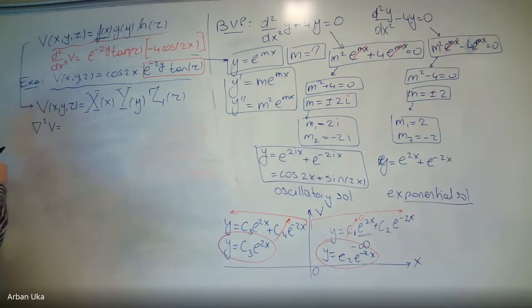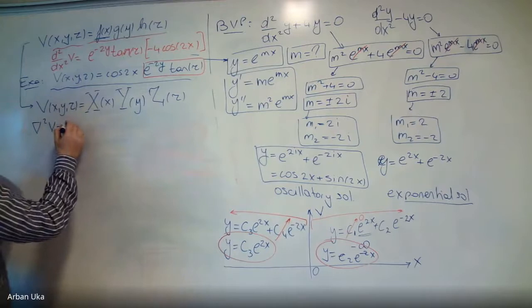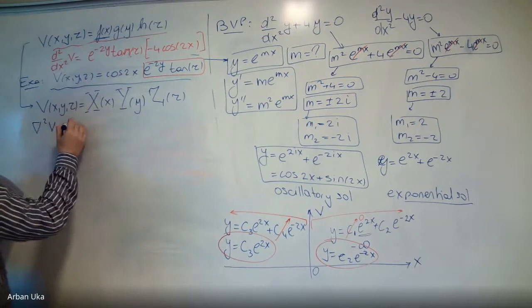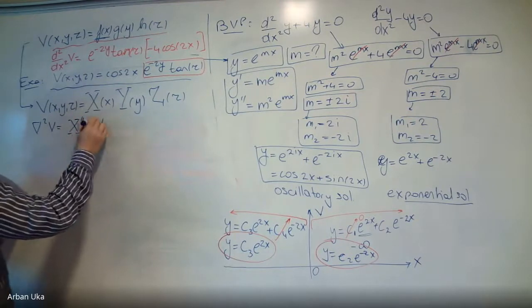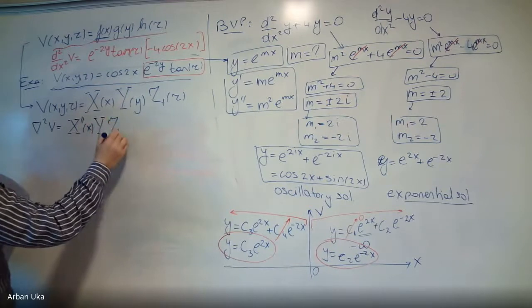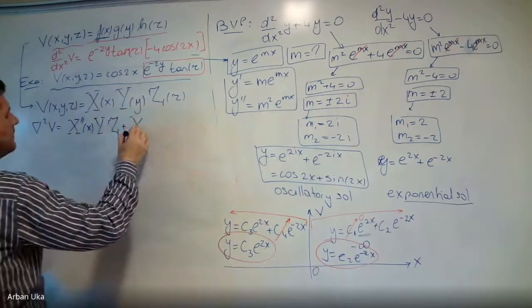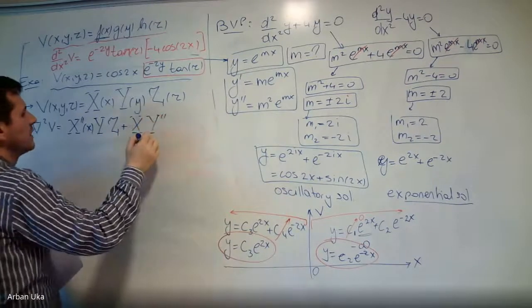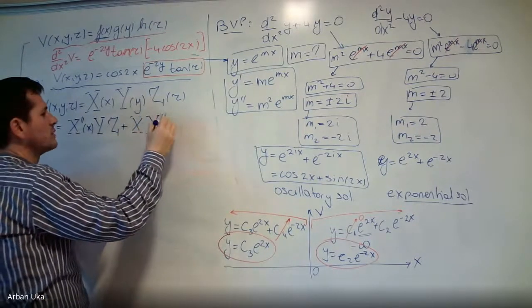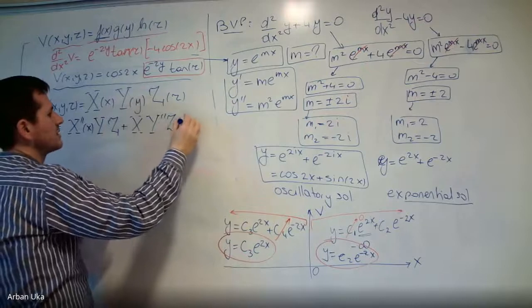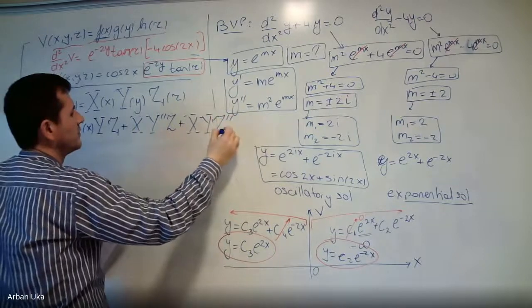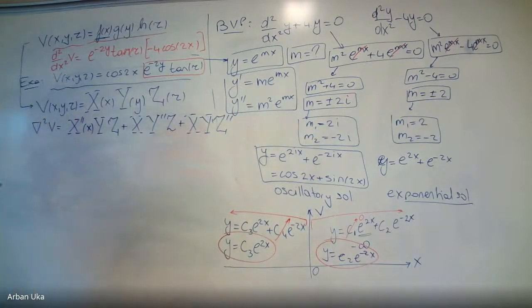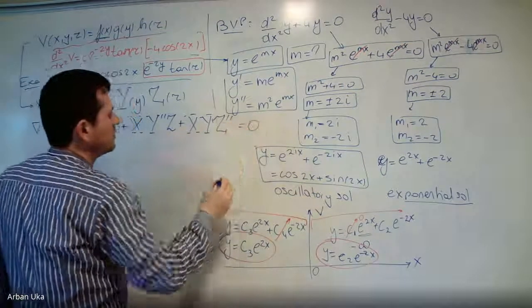In this case, we can simply report the following: the second derivative of X times Y times Z, plus X times the second derivative of Y with respect to y times Z, plus X times Y times the second derivative of Z with respect to z. Let's assume this is the Laplacian equation, which will be equal to 0.